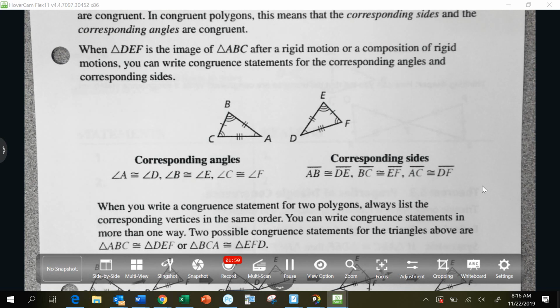They've got three of them that correspond to each other, marked congruent, and then the corresponding sides, the same thing. If you're looking at BC and EF, both of them have one little tick mark, where BA and ED have two tick marks and so on. So those are the ones that correspond to each other.